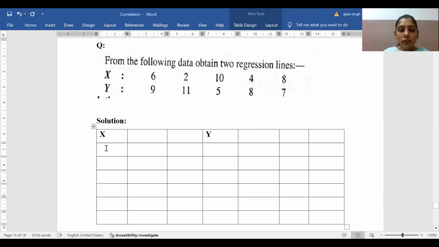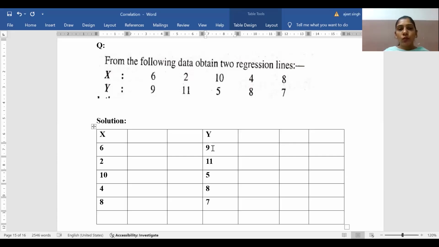Now let's solve this question. First, write down all the values of x: 6, 2, 10, 4, 8, and the values of series y: 9, 11, 5, 8 and 7. These are the two series given.